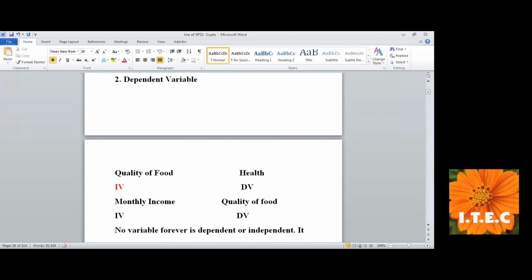The situation decides which variable is dependent and independent.